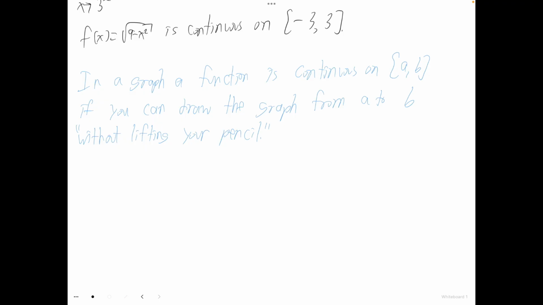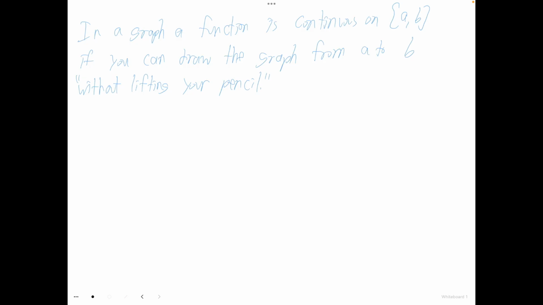So now, it's kind of hard to check continuity every single time, and so we have shortcuts for checking it. So we have the following theorem.